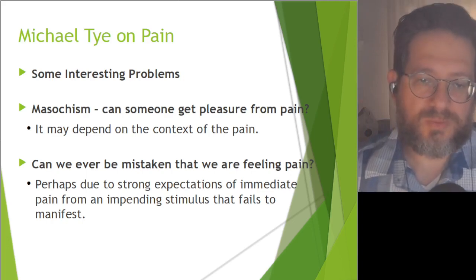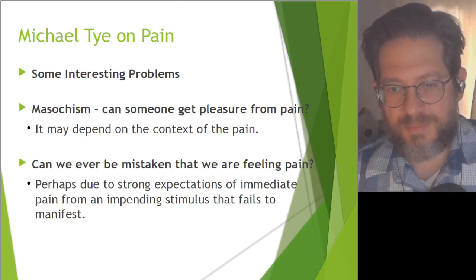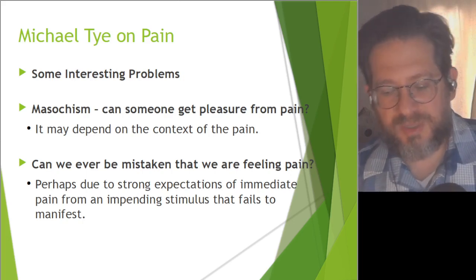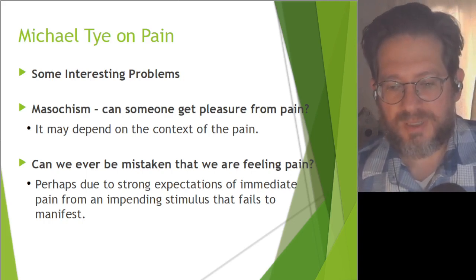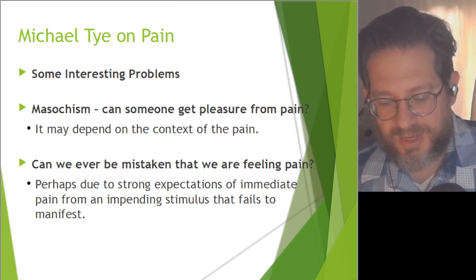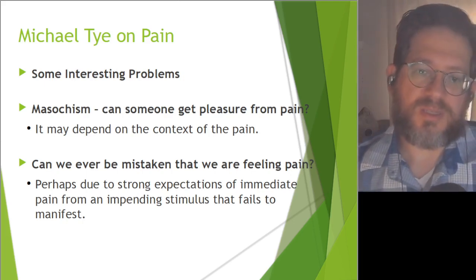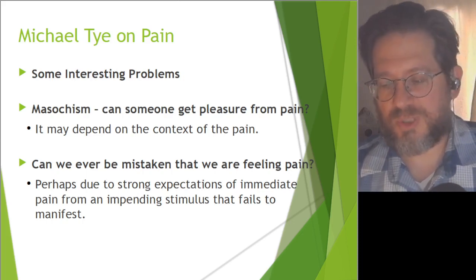Because maybe you have such a strong expectation of an immediate pain from an impending stimulus, but then that stimulus doesn't happen. But you were just sure it was going to happen. And so you cry out in pain, and then you realize, oh, it didn't happen. So for a moment, you may have mistaken that you were feeling pain because you expected it so much.